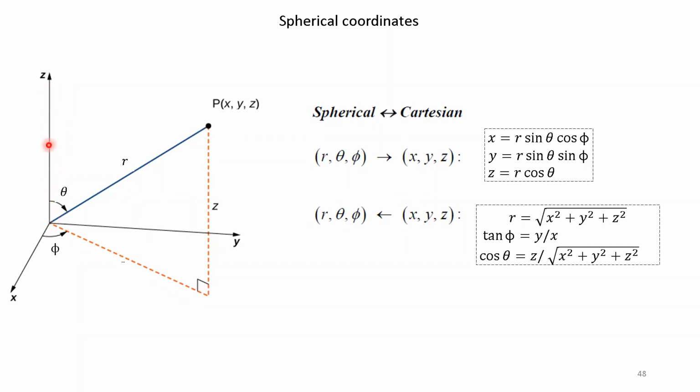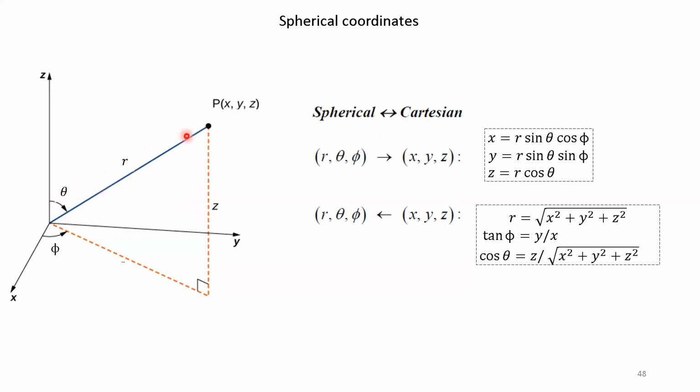It's called the polar angle because if you imagine a sphere, on top you have the north pole, and this angle is measured from the axis pointing to the north pole.